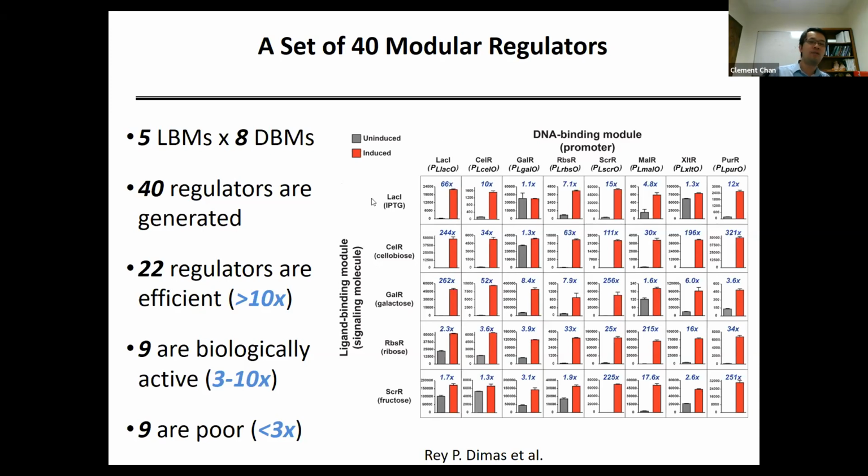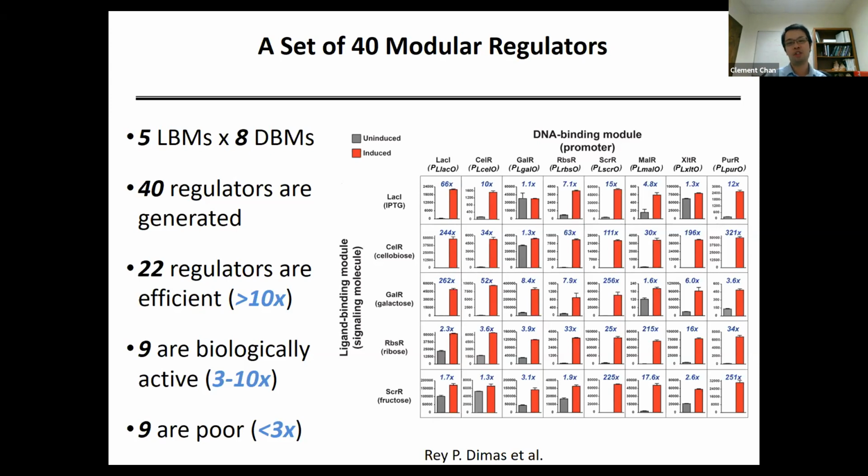And here you can see that for these 40 regulators, many of them are working very well. Specifically, 22 of them can generate more than 10-fold increase in the expression of GFP when they are induced by the desired inducer. So we can potentially use them to build genetic networks that can lead to new cellular functions.